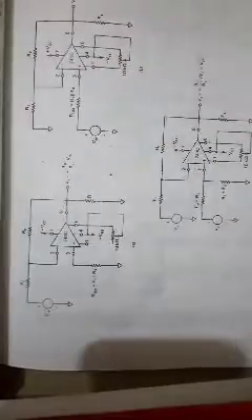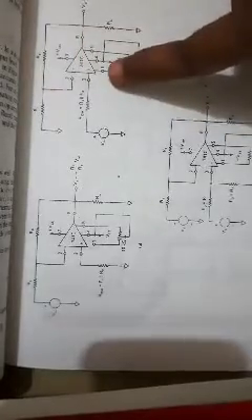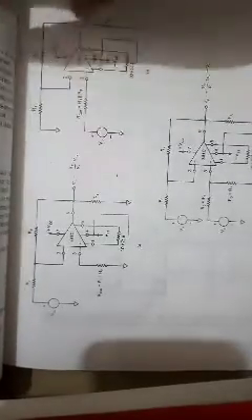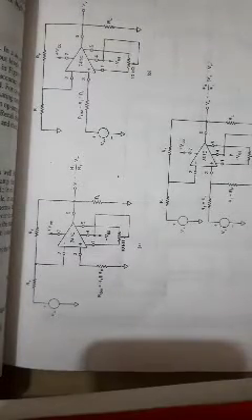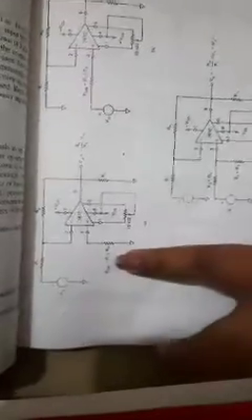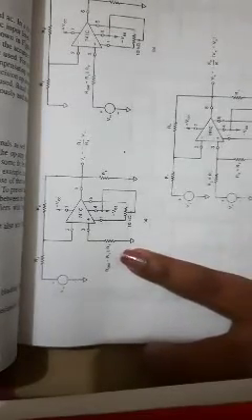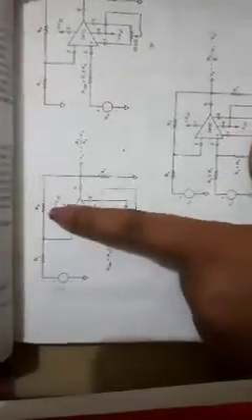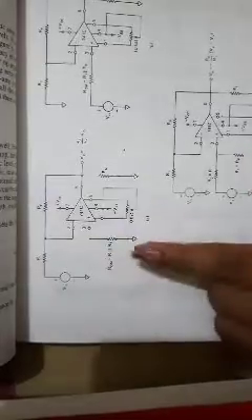Similarly for the non-inverting amplifier, the difference is that here the input is connected to the non-inverting terminal. Another thing in the inverting amplifier is that ROM equals R1 parallel with RF. Here is R1, this is RF.